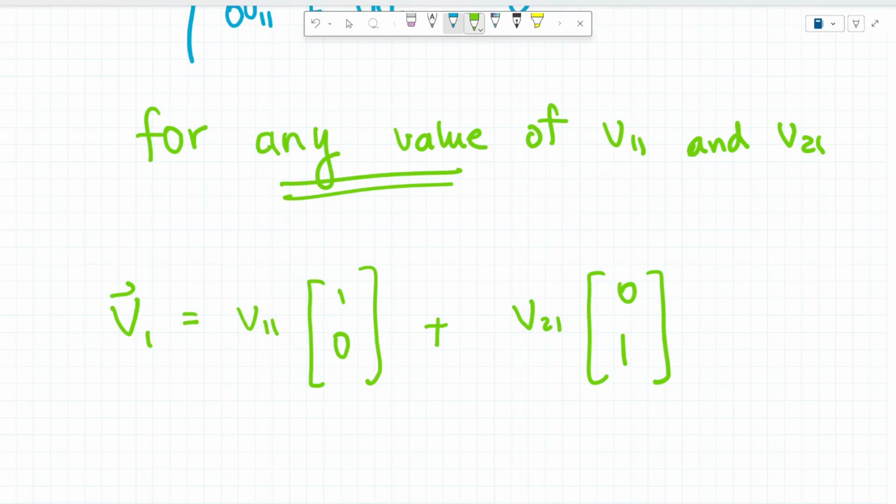Essentially we're writing out its components. The first part has a non-zero value for the x component and a 0 value for the y component, and the second one has a 0 value for the x component and a non-zero value for the y component. So our eigenspace is this linear combination of these two independent eigenvectors.